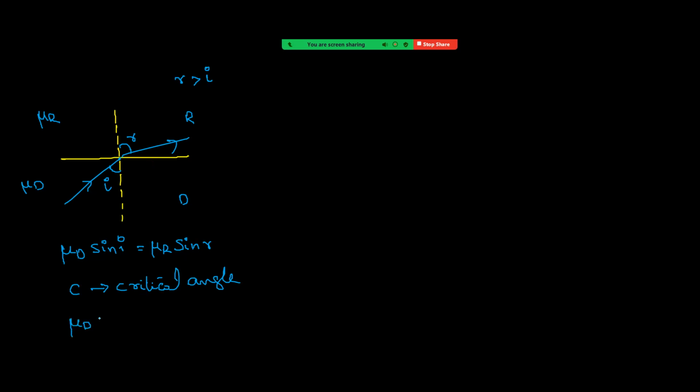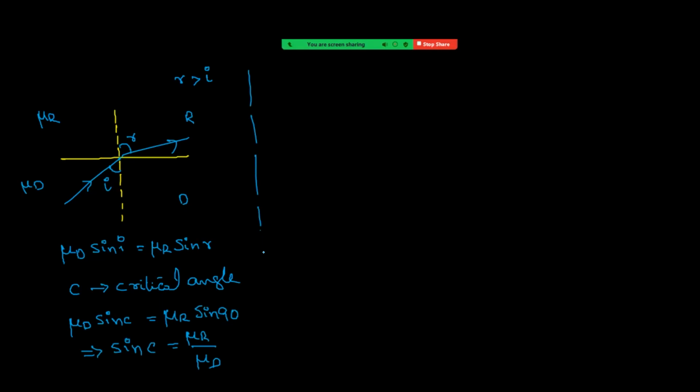Mu denser sin C is equal to mu rarer sin 90. So from this we can write sin C equals mu rarer by mu denser. Right.